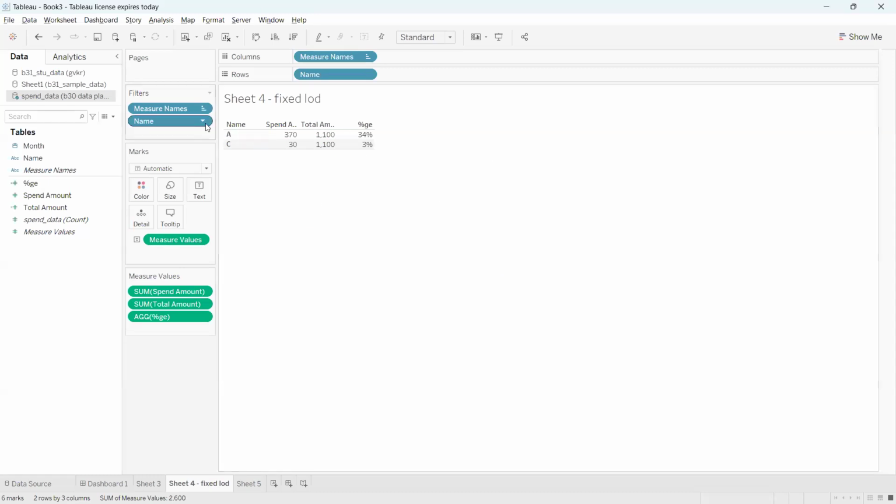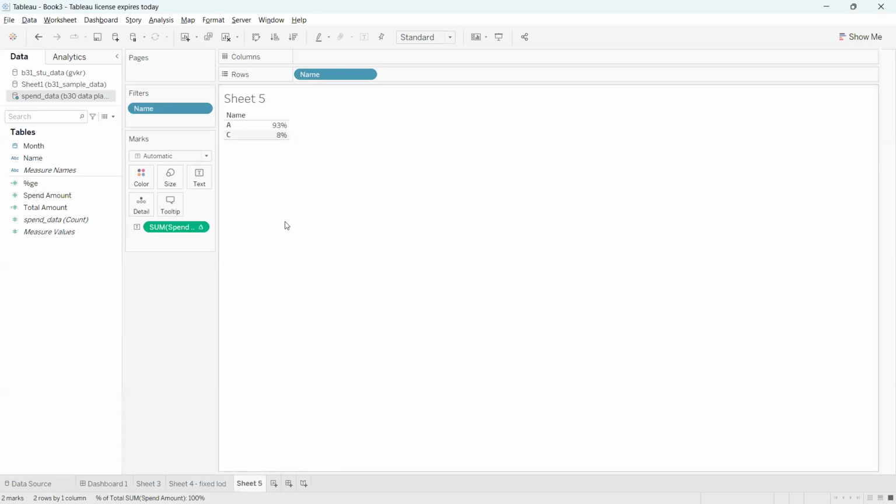Not only this, even if you show the name as a filter here and unselect person A also, I can still see for person C the spend amount remaining the same, 30 only, and the total amount remains 1100 only. So this 1100 is because of person A, person B, and person C. But if you go to sheet 5, where we achieved it using the percent of total option, and select only person C here, you see what I'm getting: 100 percent.